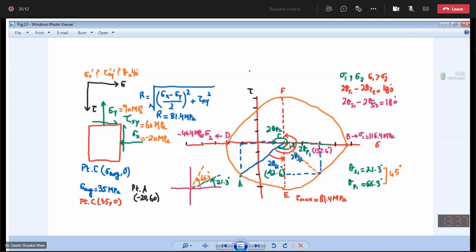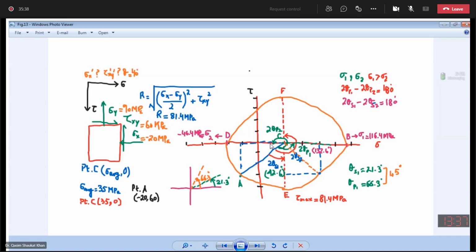This 2 theta P1 will be 180 degrees minus 47.5, which comes out to be 132.5 degrees. So this is the angle of 2 theta P1.